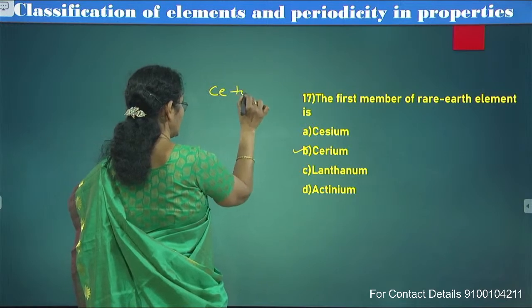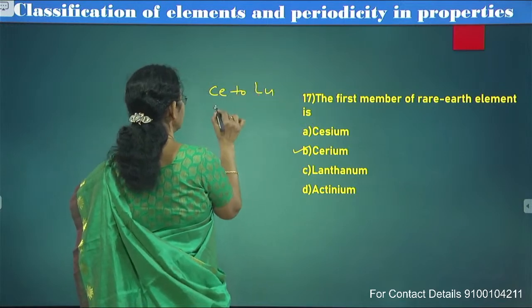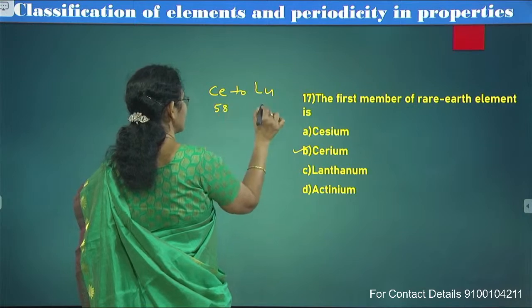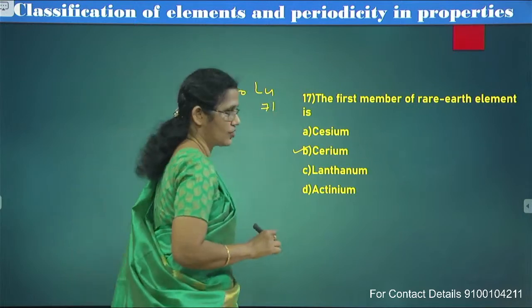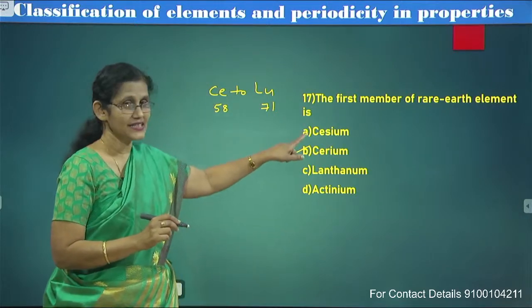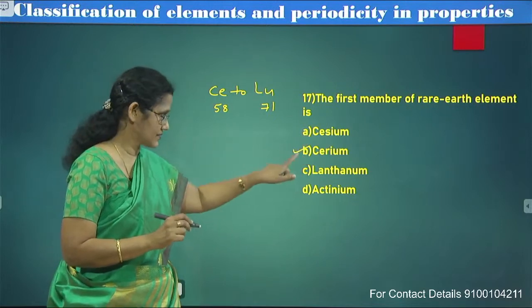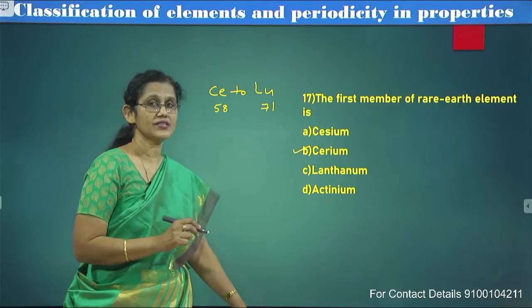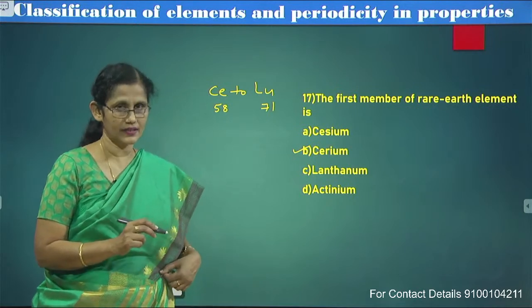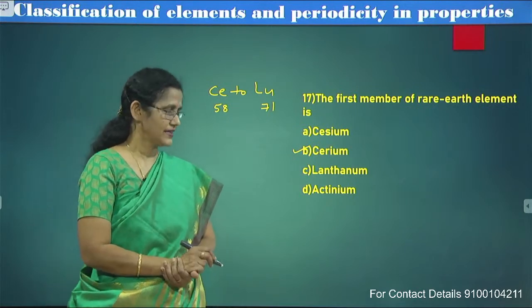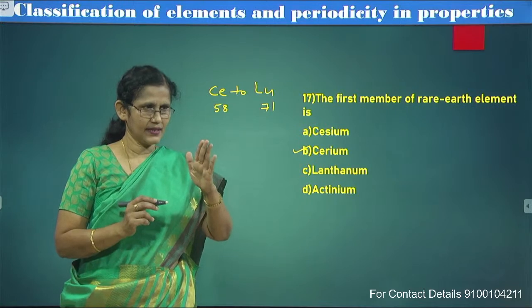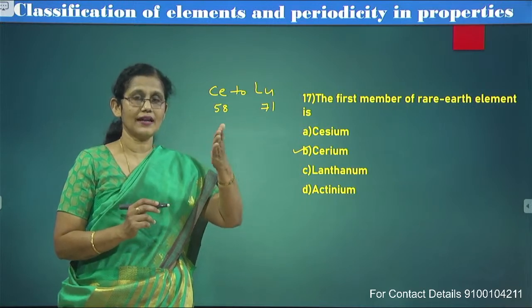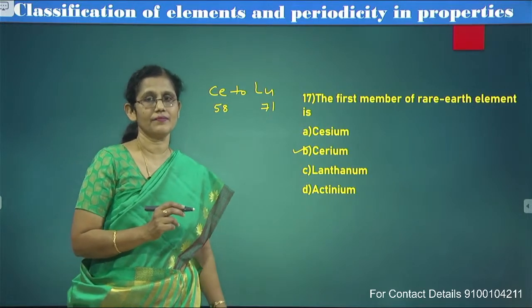Cerium to lutetium, 58 to 71, they are called lanthanides. It is not cesium. Cesium is a first group element. Cerium is the first member of lanthanides, the rare earth elements. Lanthanum belongs to D block, lanthanides are F block elements.